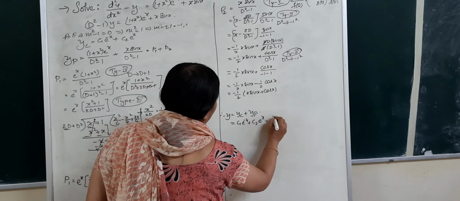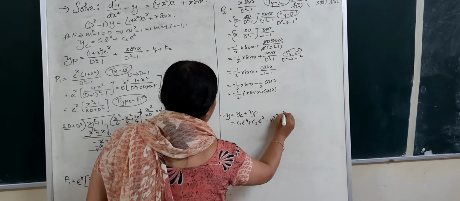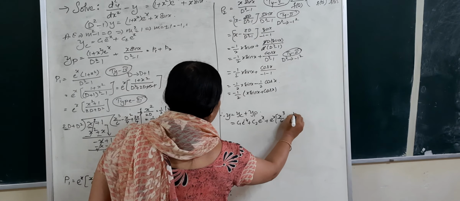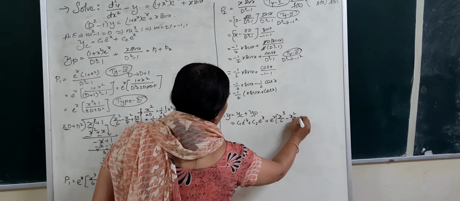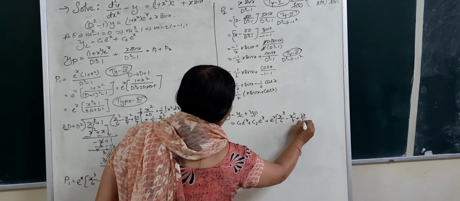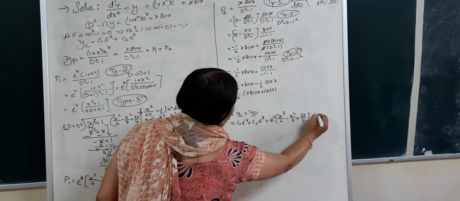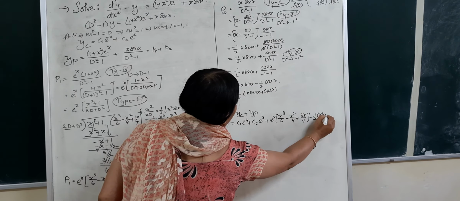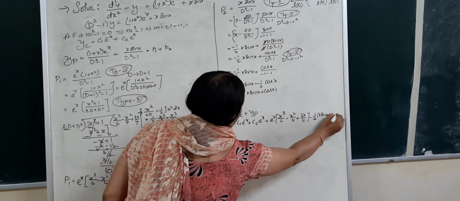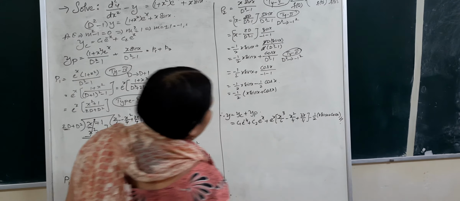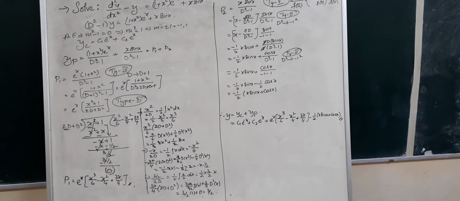Plus e power x into x cube by 6 minus x square by 4 plus 3x by 4, minus, coming to the P2 part, 1 by 2 times x sin x plus cos x. This is the general solution for the given differential equation. Understood, guys?